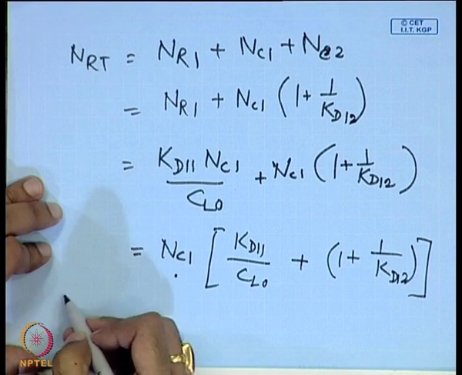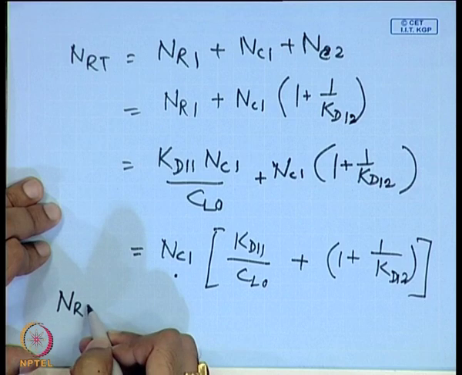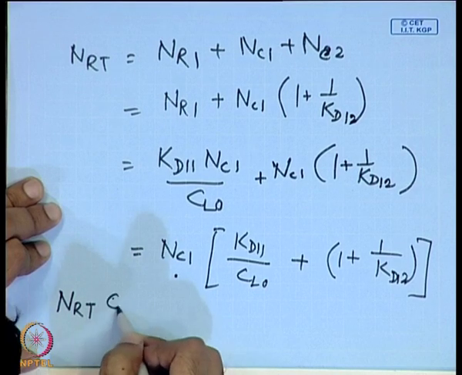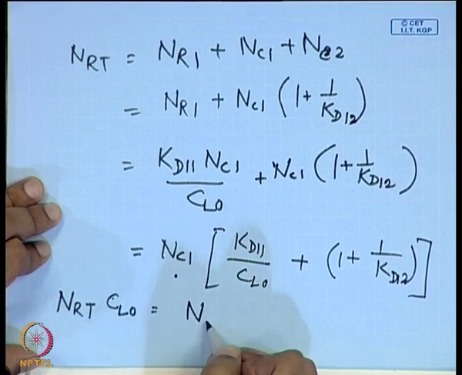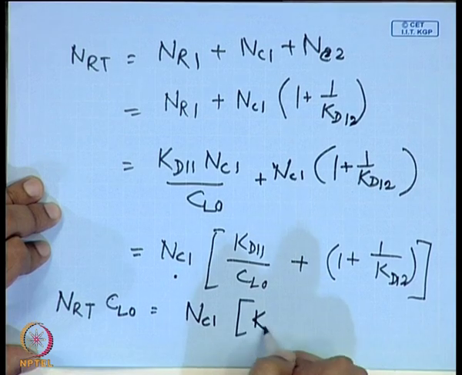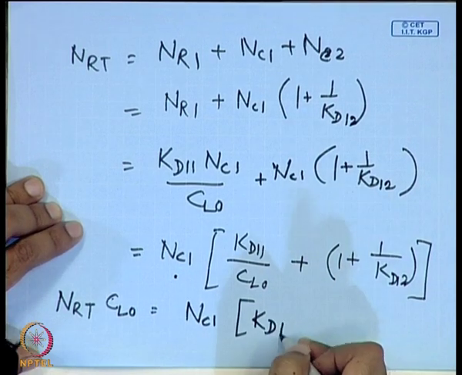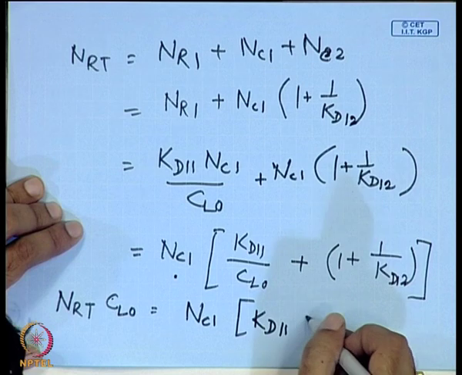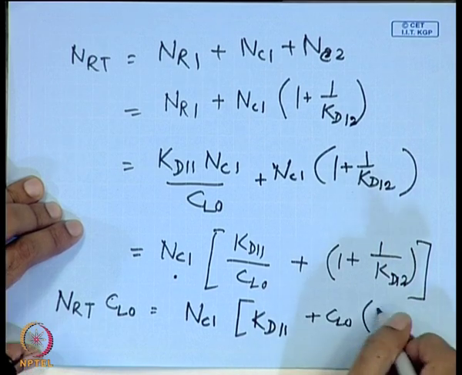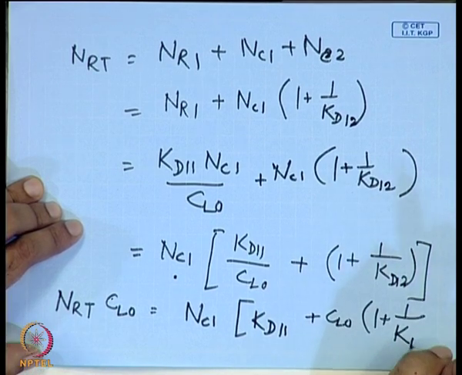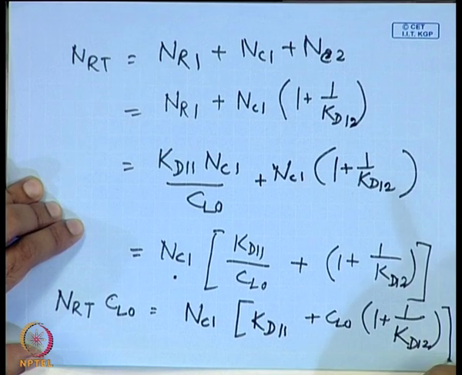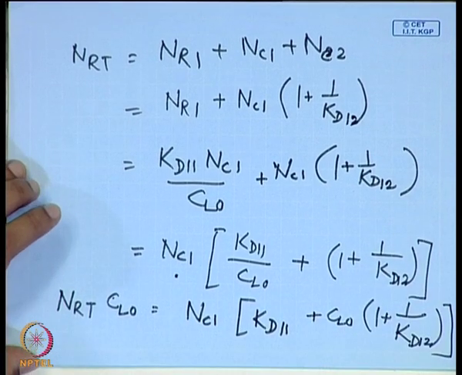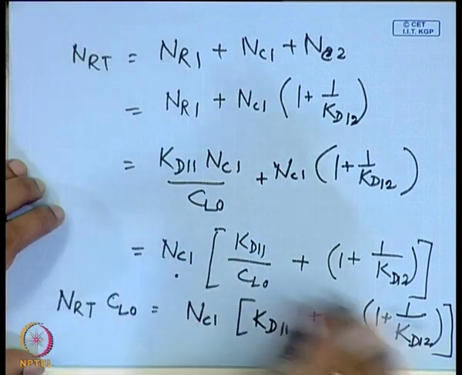So, nRT times CL naught is NC1 times KD11 plus CL naught times 1 over KD12. So, this is the relationship I have between these.